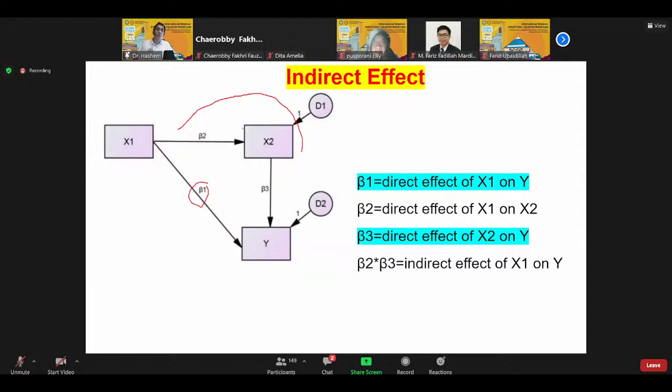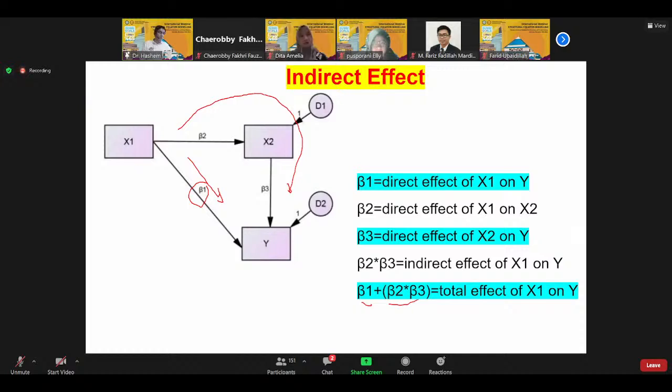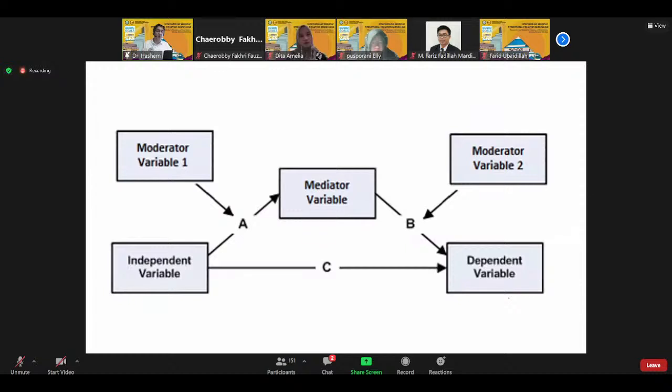This is one feature of structural equation modeling. Moreover, we would like to have the total effect, which is direct effect plus indirect effect, the total effect of x1 on y, right?